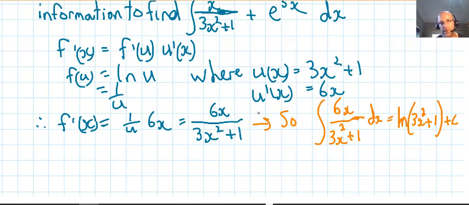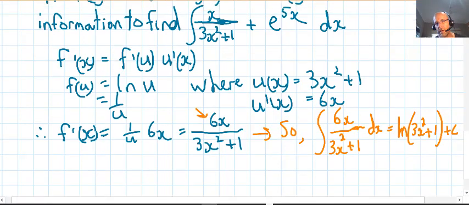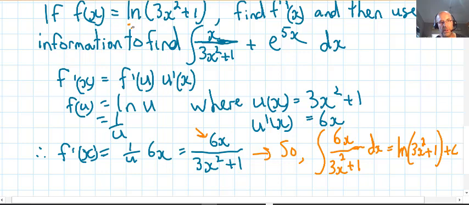Alright, now the orange step is more of a thinking step, a reasoning step. So if we were to get this result we just found here, and we reverse that calculus using antiderivative integration, we would go back to what we originally had. If that's f dash of x, we would go back to f of x, which is given up here, log 3x squared plus 1. Okay, and you can see I've written that down the bottom in orange.